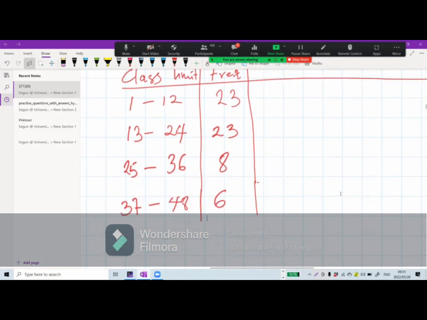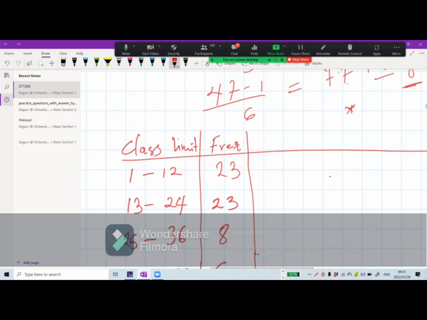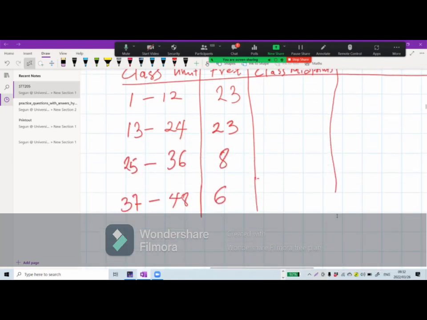Now, we need class mark or class midpoint. So how do we do that?